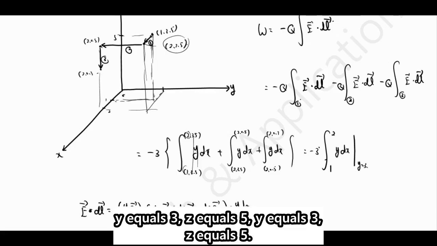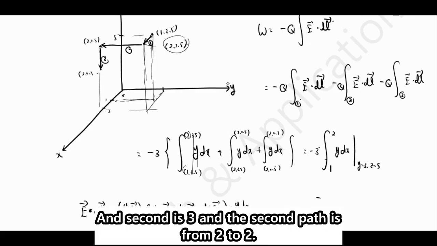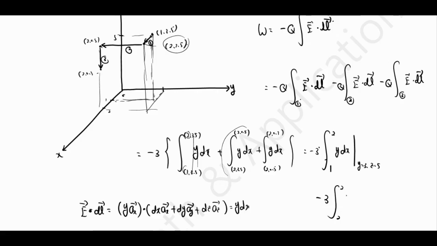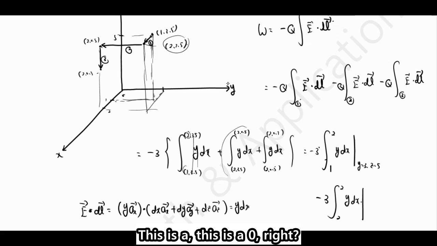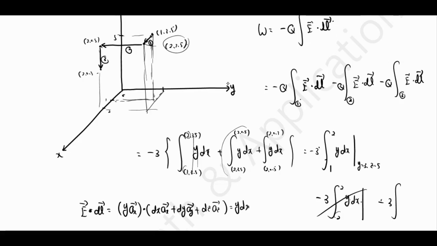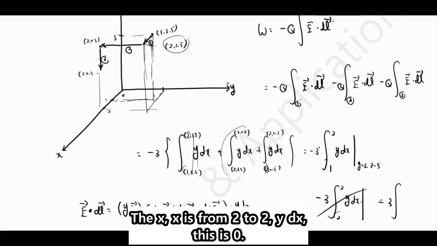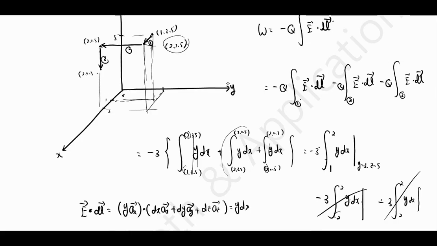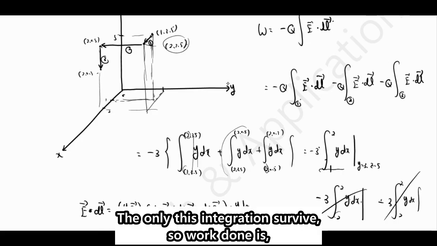The second path is from 2 to 2, so it's minus 3 integration, x from 2 to 2, y dx, this is 0. So only this integration survives.